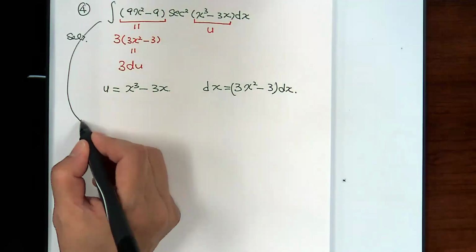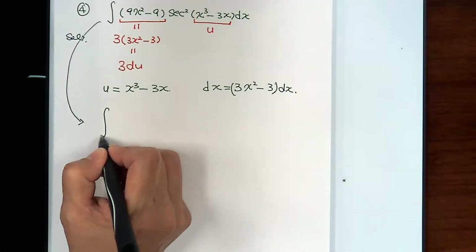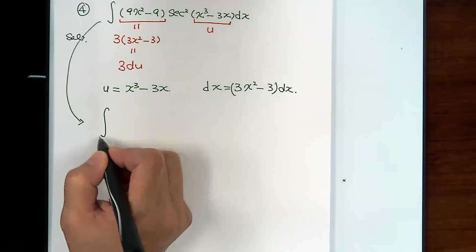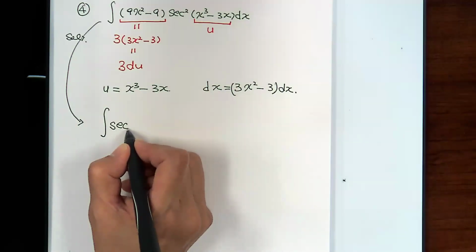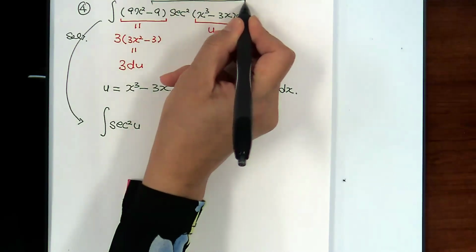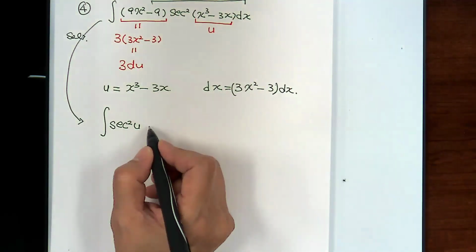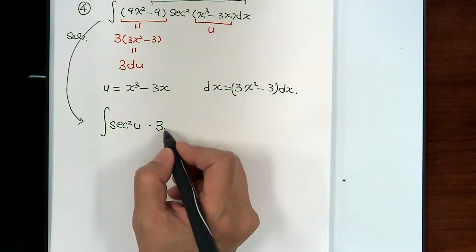So the given integration can be rewritten as the integration of secant squared of u, and these two are combined, and I will write 3 times du.